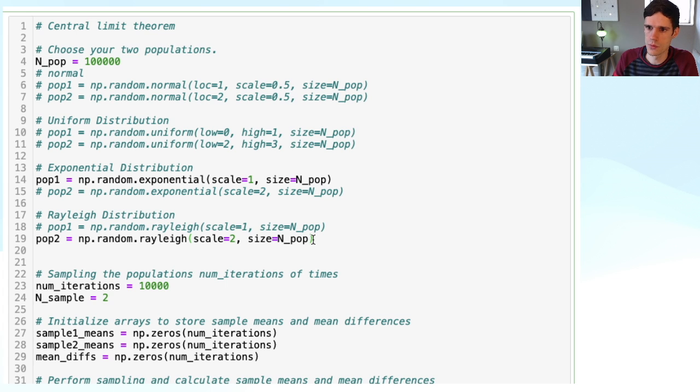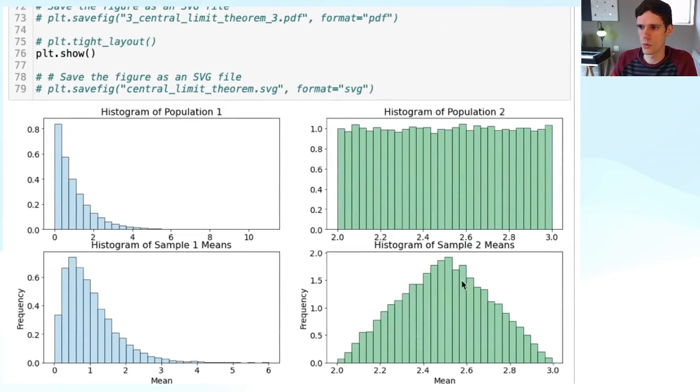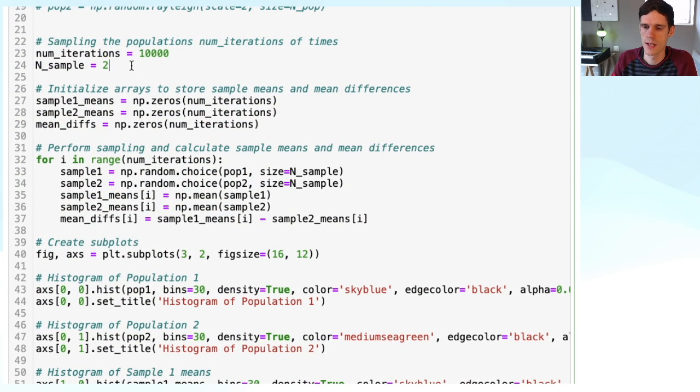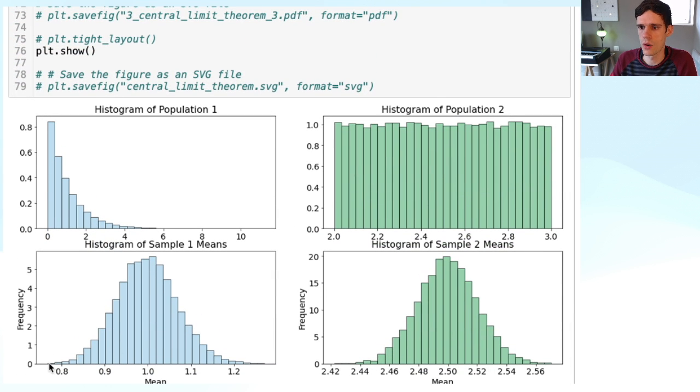Let's say that population 2 is not a Rayleigh distribution, but a uniform distribution, and we scroll down, then we see clearly that these are not normal distributions, and thus the central limit theorem does not apply. To fix this issue, of course, we can again put the sample size to be larger, let's say 200 in this case. If we take 200 data points for each sample, then we see again that our distribution of sample statistics are normal again. So the central limit theorem holds.